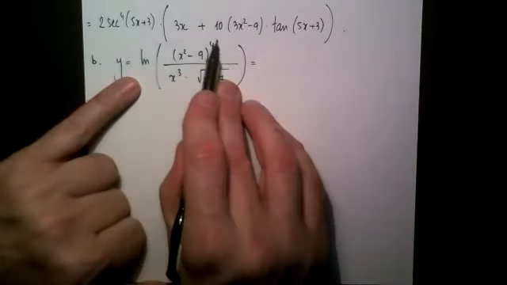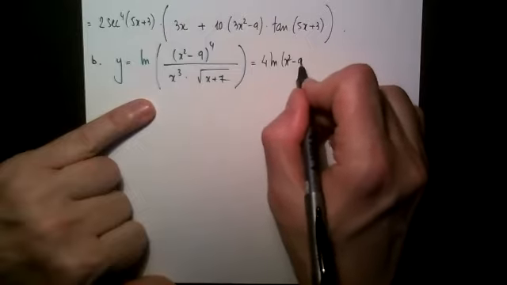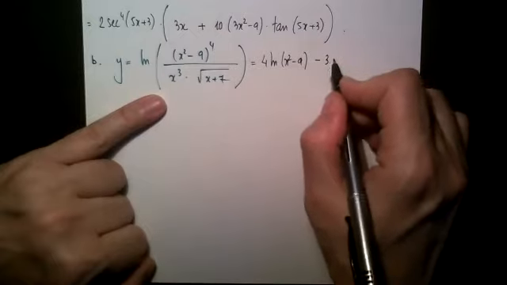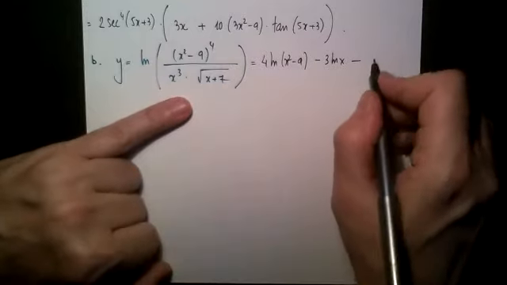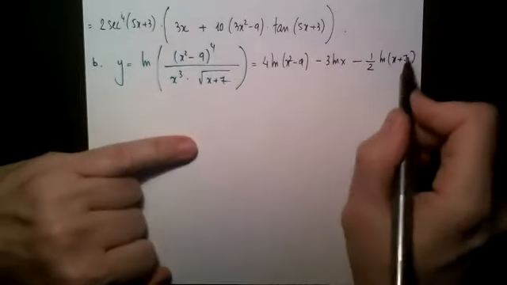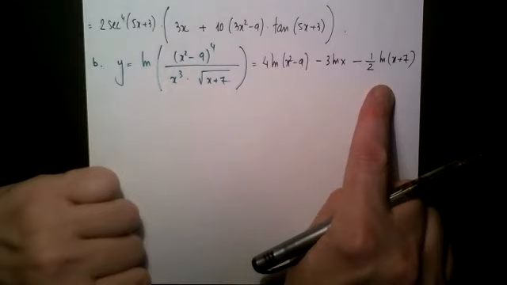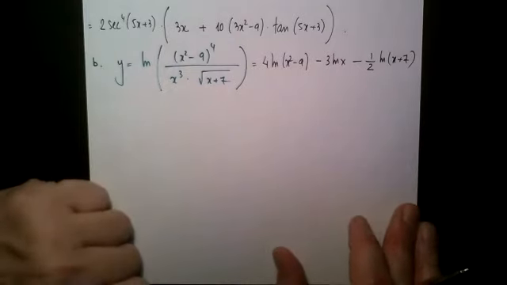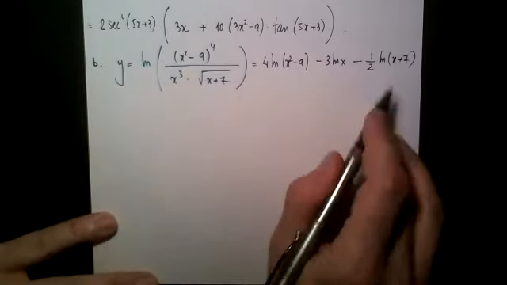So ln of this will be 4 ln of (x² minus 9) minus ln of x cubed, which is 3 ln x, minus ln of the square root of (x plus 7), which is 1/2 ln (x plus 7). Okay, are you okay with this? They're just the properties of logs. Okay, and now I could derive easily.